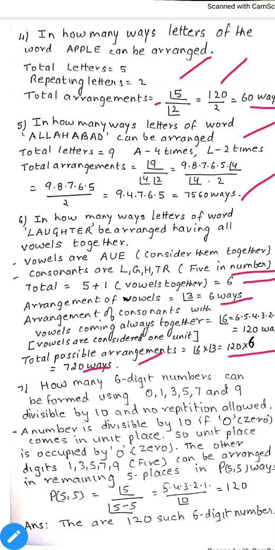So unit place is always occupied by 0. The other digits are 1, 3, 5, 7, 9. They are 5 in number and can be arranged in the remaining 5 places in P(5,5) ways. P(5,5) we know is factorial 5 upon 5 minus 5 factorial. Factorial 0 is 1, factorial 5 is 120. So there are total 120 such 6-digit numbers which are possible.